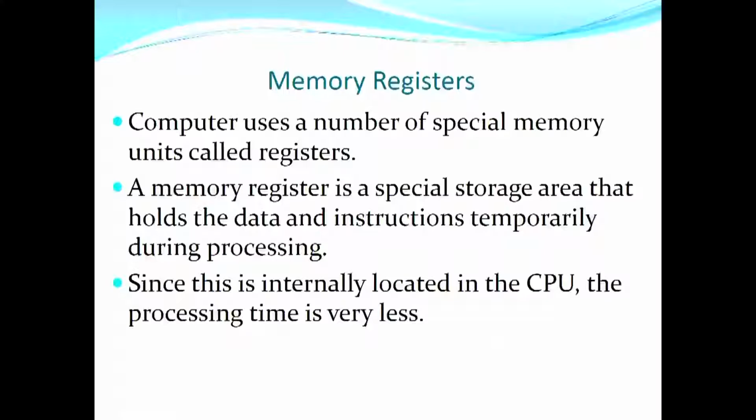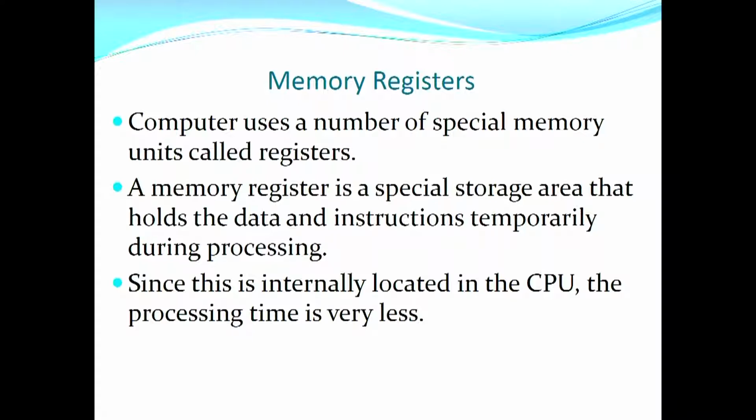Let us now talk about the memory registers. A computer basically uses a number of special memory units called registers. A memory register is a special storage area that holds the data and instructions temporarily during processing. Since this is internally located in the CPU, the processing time is very less.